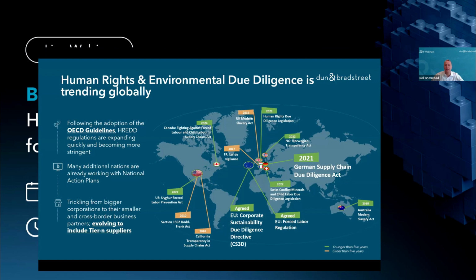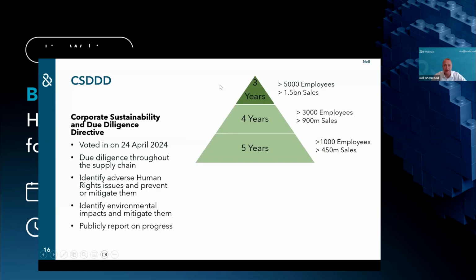And this has increasingly become, I would say, more solidified with varying sets of regulations. So you can see on the slide here that many countries now are starting to introduce regulations around these areas. In Europe, Germany passed the Supply Chain Due Diligence Act, and this has now been broadened out into CS-DDD, which will cover all of Europe. And CS-DDD will actually have a reach further than I think a lot of people anticipate at first.